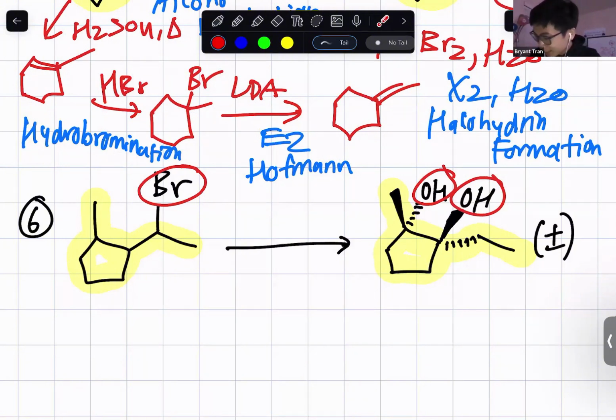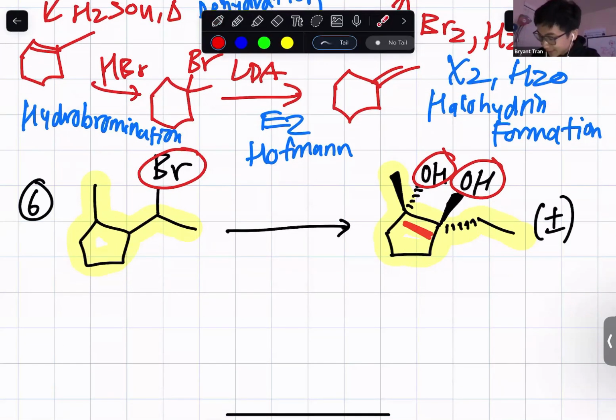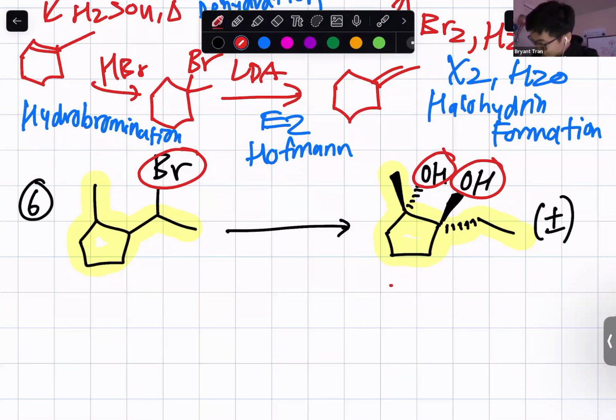Right. mCPBA. So there was an alkene here. So when we go backwards, that could have come from an epoxide like this.